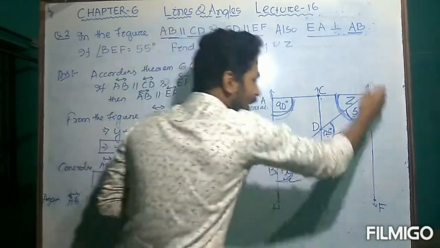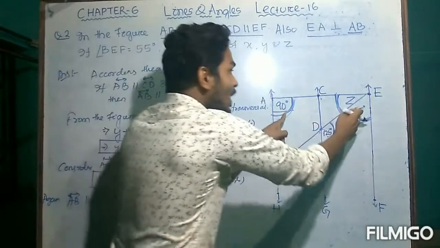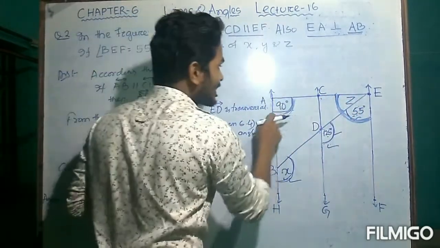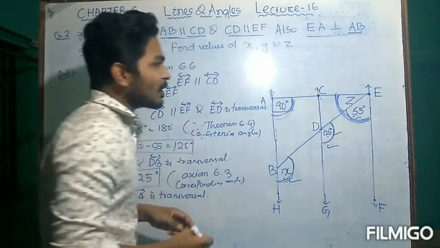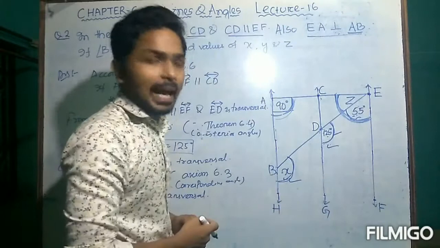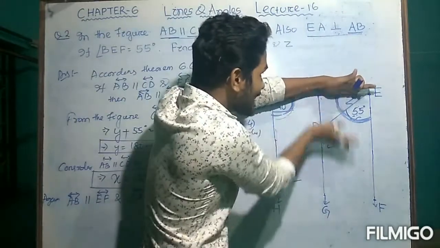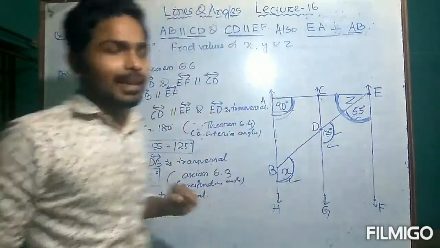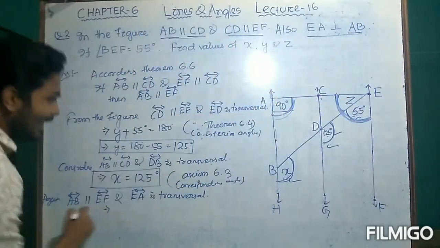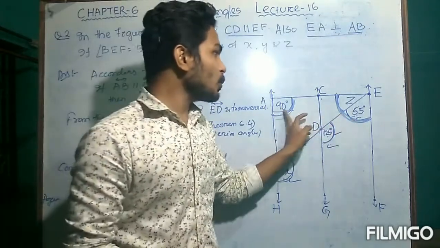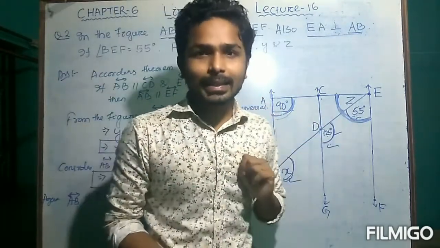For the lines AB and EF, they are co-interior angles, because they both lie on the interior side of these two lines and on the same side of the transversal line. So according to theorem 6.4, the sum of two co-interior angles is equal to 180 degrees.